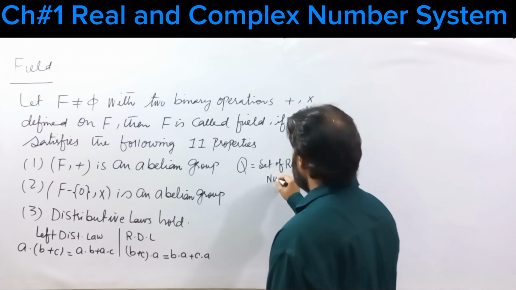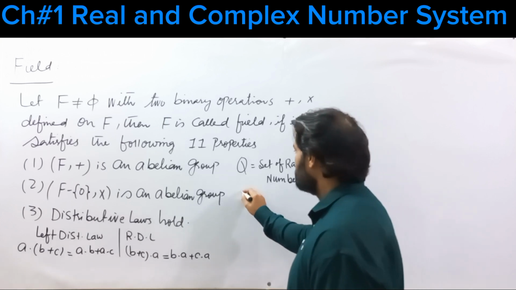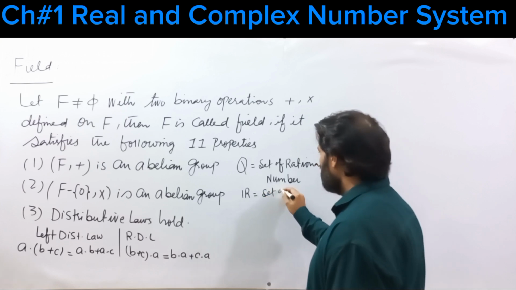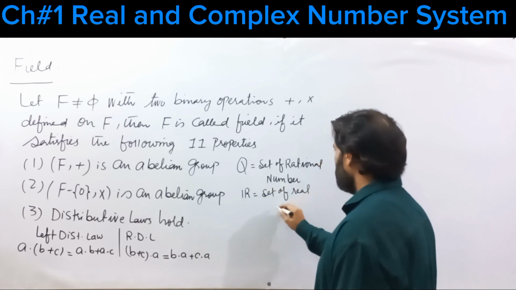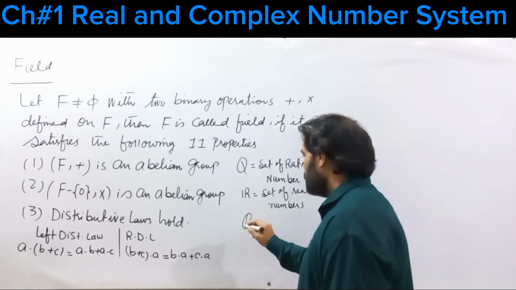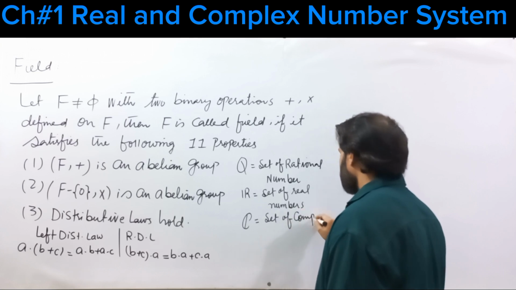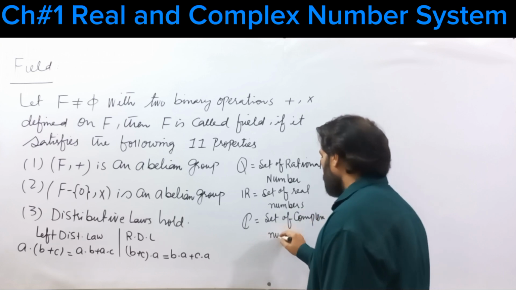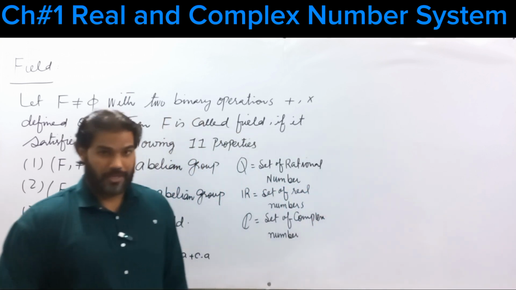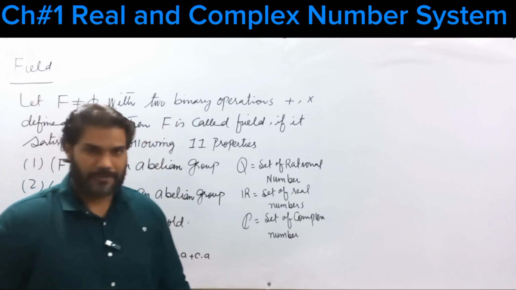This is one of the important fields over the numbers. The second one is R, the set of real numbers. And the third one is C, the set of complex numbers. So over the numbers, we will discuss only these three sets that form a field, that fulfill all these 11 properties.